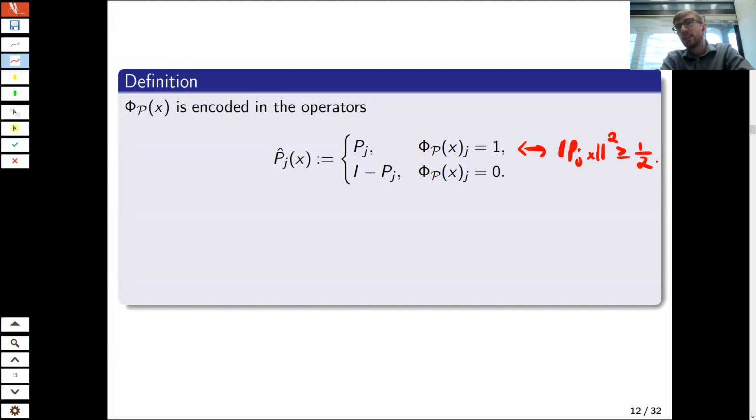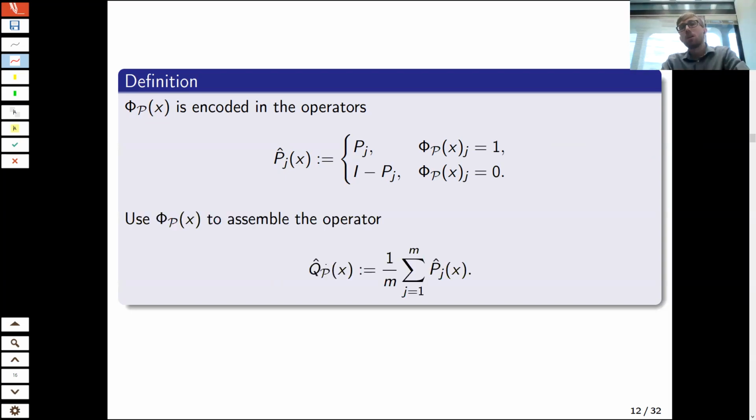So really, P_j hat just picks, out of P_j and its complementary projection, the one that was closest to x, that had a range closest to x. And then we assemble all of these P_j hats into an operator Q hat. This Q hat is just the empirical average of all the P_j hats. So we sum them all up and divide by the total number that we have.